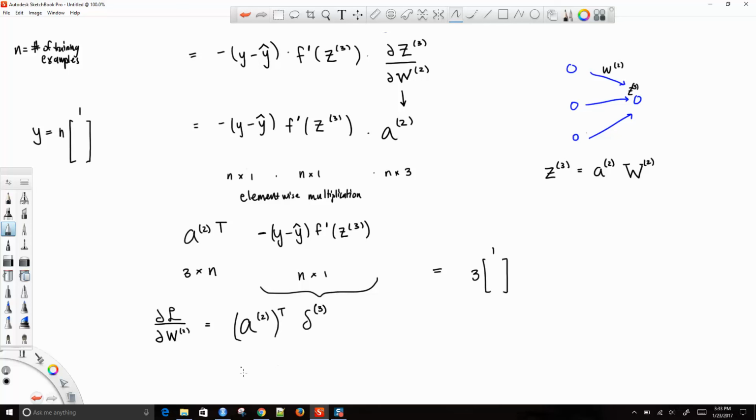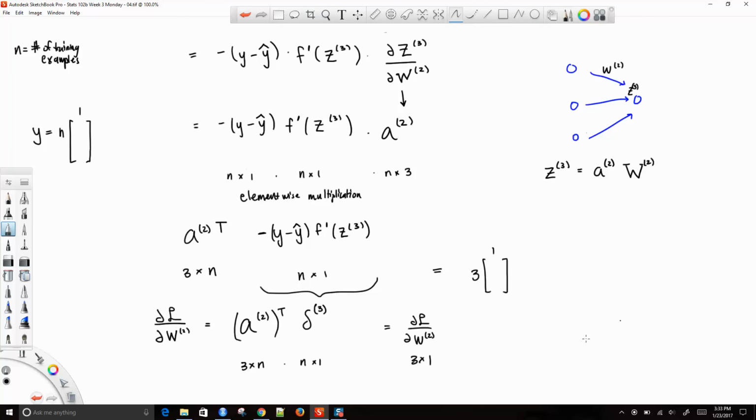Again, this is a 3 by n matrix after being transposed, and this is n by 1. And so our gradient with respect to W2 is a 3 by 1 matrix, which is what we want.